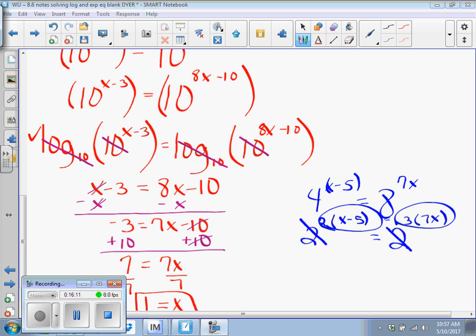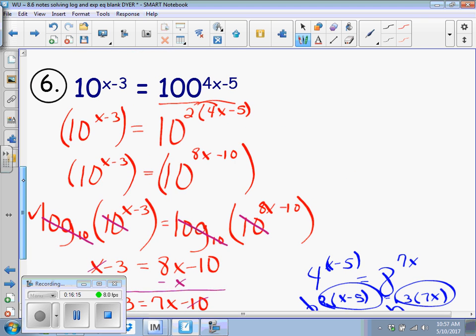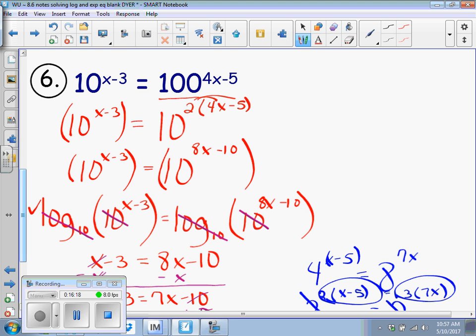Now, when we're solving for x in an exponential problem, x can be anything. No matter what I plug in right here, it's okay if I have a negative exponent, or a positive exponent, or a fractional exponent, it doesn't matter, right? And that's because when we graph an exponential, the domain is all real numbers. That means x can be anything. But when we graph logs, there were restrictions on x.